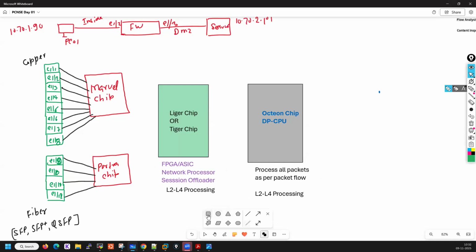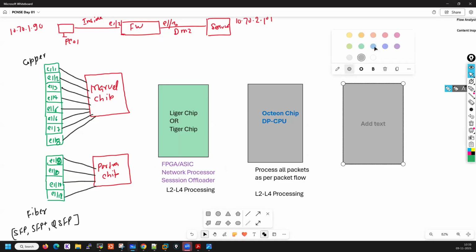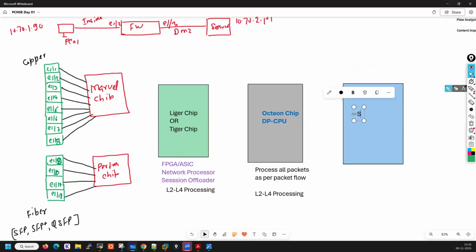After that, we have one more chip, known as the Jaguar chip. This is also an FPGA or ASIC.